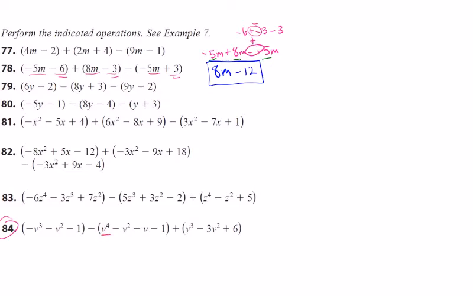So the first one is v to the fourth, and there's no other like term, but I have to remember that it is where I am subtracting it, right? So it's going to be negative v to the fourth. All right, so it's basically 0v to the fourth here, right? Minus v to the fourth, and then I have another plus 0v to the fourth here, right?